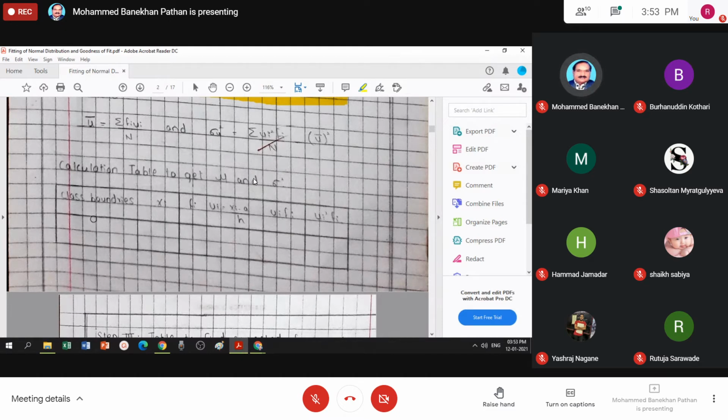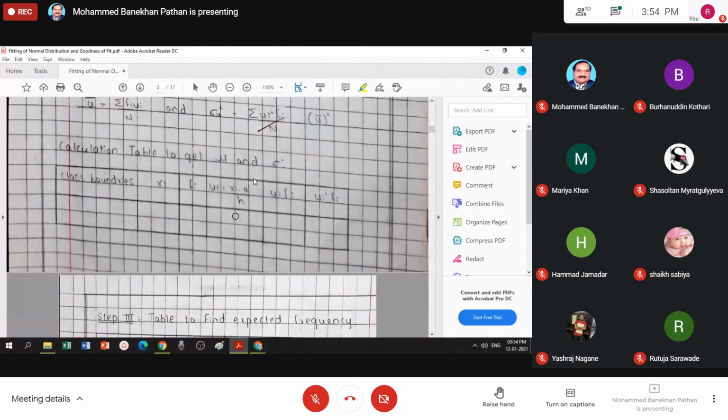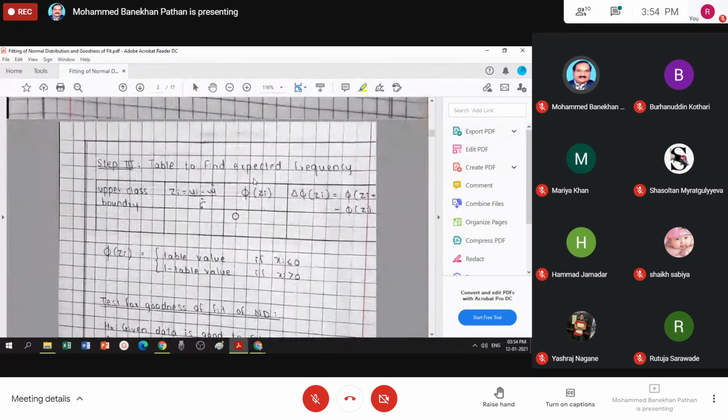Now put in the data and get the calculation of these columns. By using these columns, you get u bar, you get sigma square u, and so on. After having u bar and sigma square u, use this relation to get the answer for mu and sigma square.